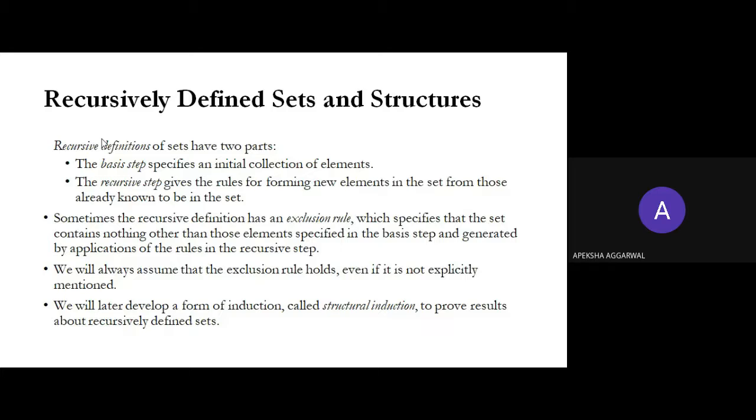Again, in terms of sets, those two things are there: a basis step with an initial collection of elements, and a recursive step which gives the rules for forming new elements in the set, using all the previous elements.